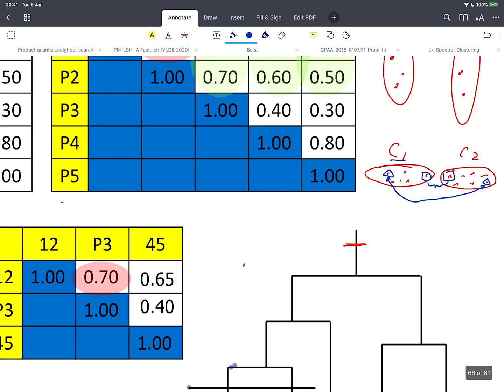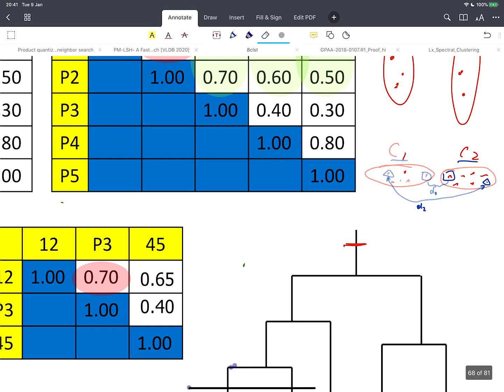If I measure C1 and C2 by D1, then because the value is small, they are likely to be chosen in the next round to do the merge. But if you choose D2, where the algorithm is more pessimistic, the value will be large, and it's more likely that these two will be merged at a very late stage.